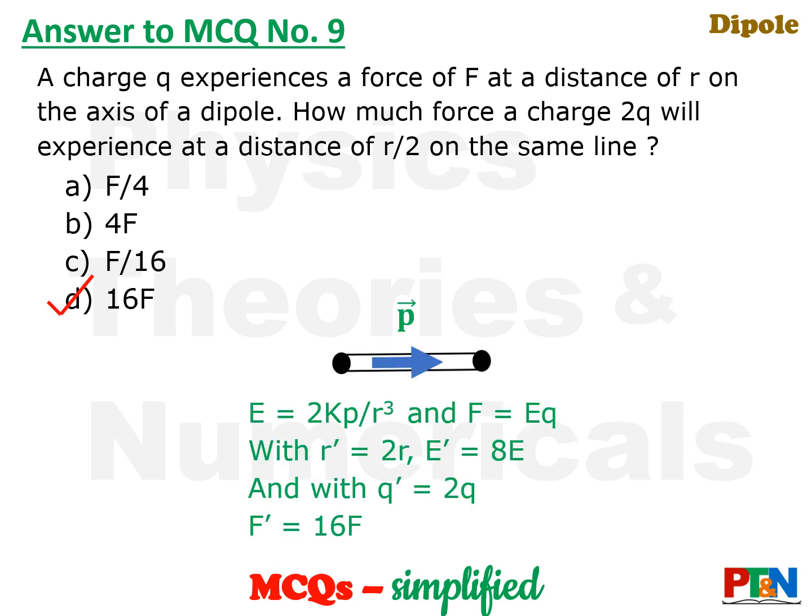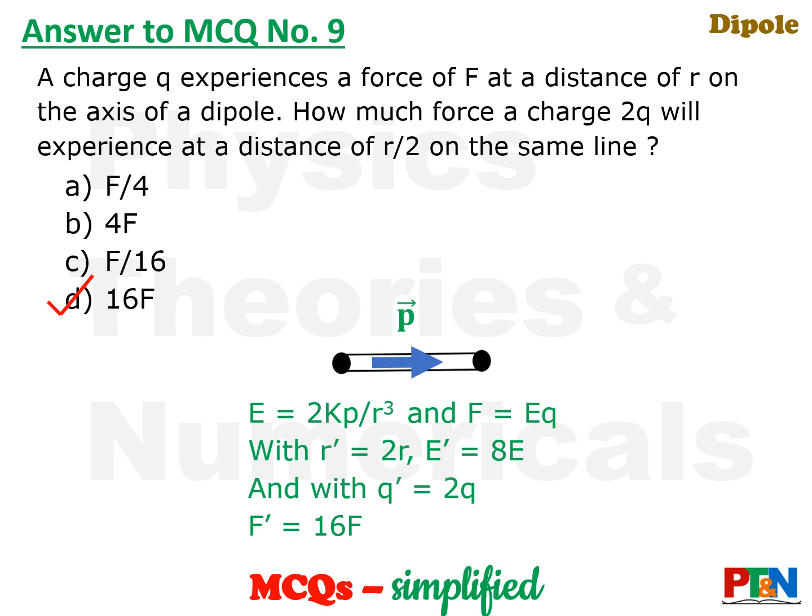Again, easy calculation. So electric field will be, for this case, at a distance r from the axis of the dipole, on the axis of the dipole, E is 2kp by r cube. k is 1 by 4 pi epsilon 0, in place of that we are using k to save time, space, and for ease of understanding. So E is 2kp by r cube, and F is equal to E into q.